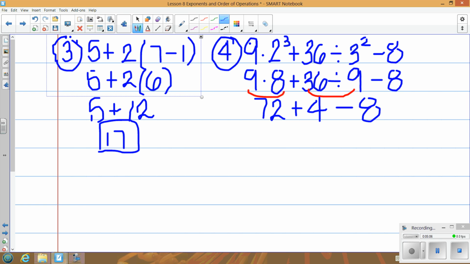So now if you look at what's left, we have subtraction and addition, and those are both in the same priority. So to decide on the order between these, you're going to work left to right. So the addition is going to come first, and then it's going to be subtraction, just because the addition is on the leftmost side. So we're going to have 72 plus 4, we get 76, and then it'll be minus 8. So 76 minus 8 is going to give me 68.